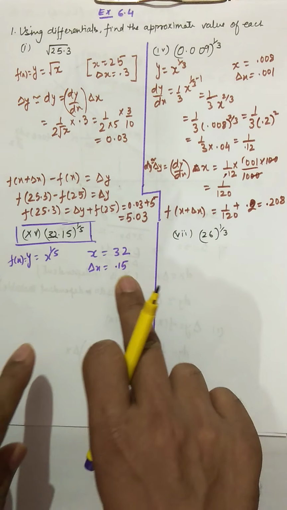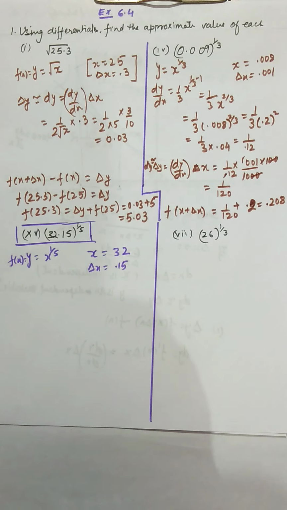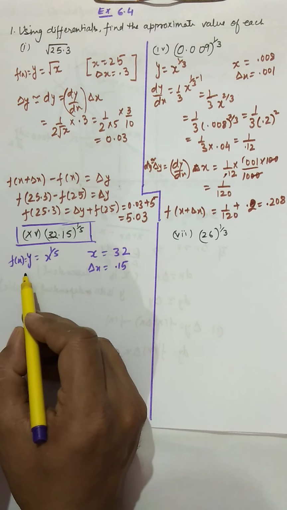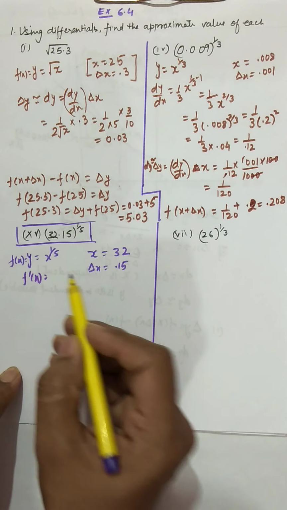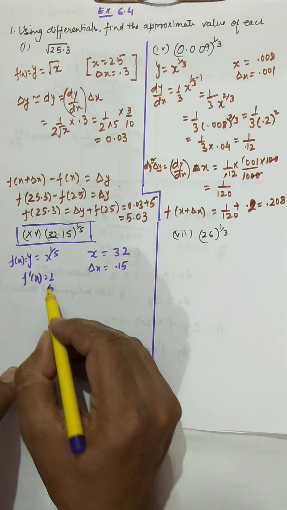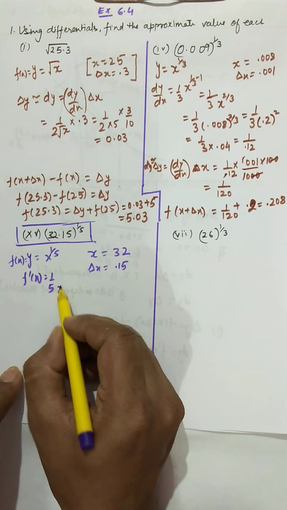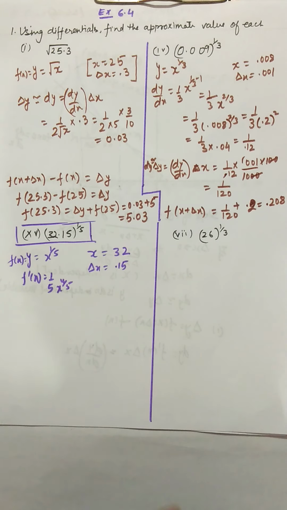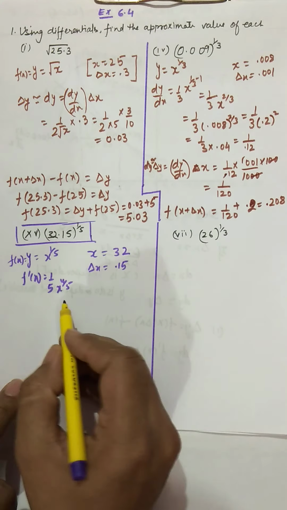So now we know the process, what we have to find first. We find f dash x, the differentiation you can say. So this is 1 by 5, x to the power minus 1, so x is going to be 4 by 5. We'll substitute the value of x, but it can be done later also.